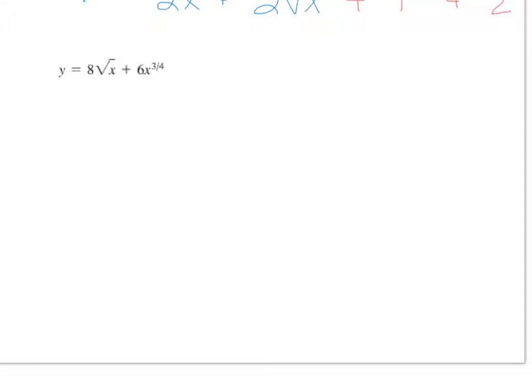So the first thing we're going to do is we're going to write y in an equivalent form as 8 times x to the 1/2 power plus 6 times x to the 3/4 power.